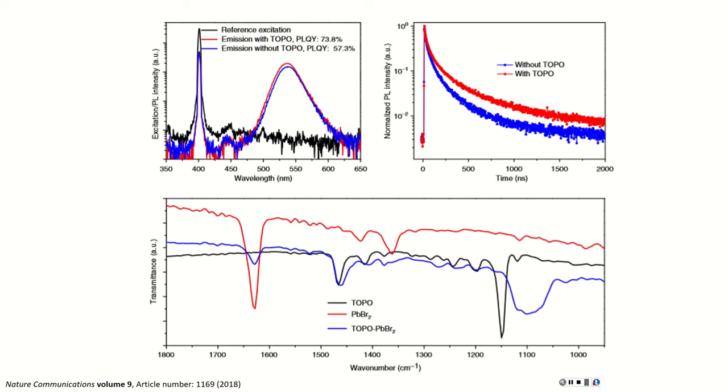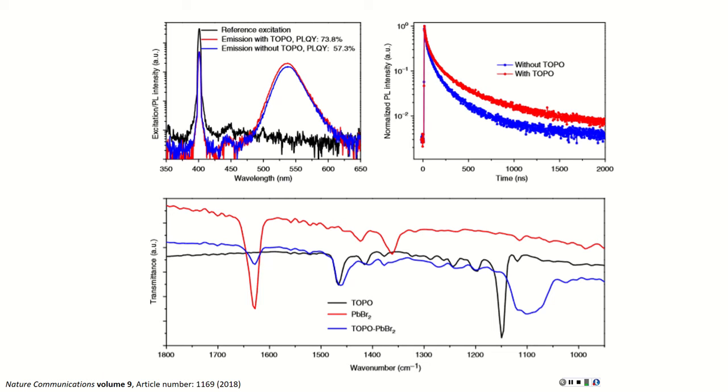So this right here is how they tried to conclude that the TOPO did successfully bind to the perovskite structure. When I refer to the black line, this is an FTIR, by the way, infrared spectroscopy. The black line is TOPO, the red line is without it, the clean slate, and the blue line is the doped version. This little broad peak over here in the 1100 range is equivalent to the phosphate bond, the P-O bond.